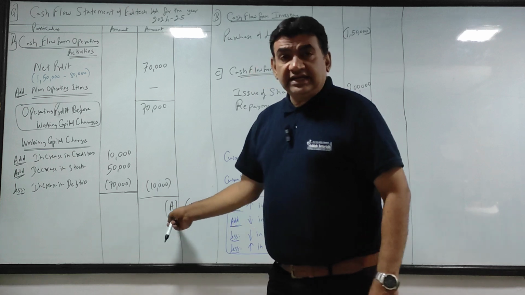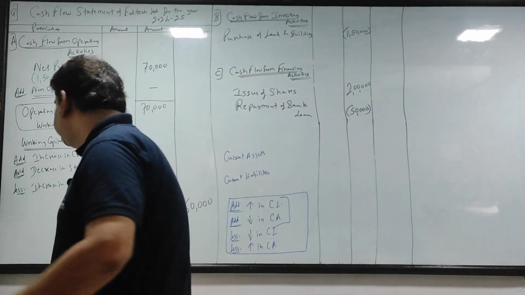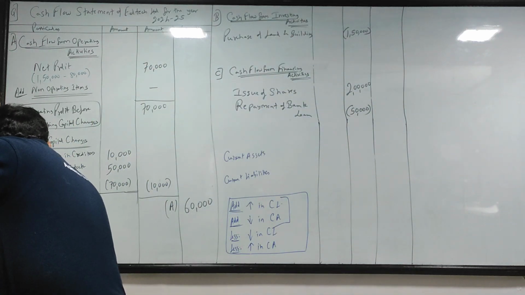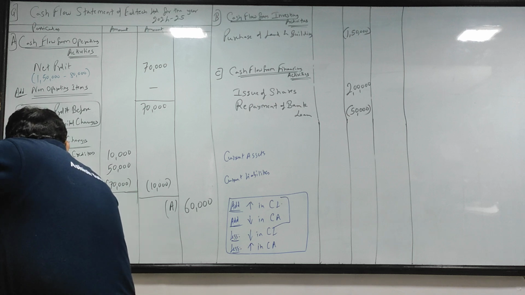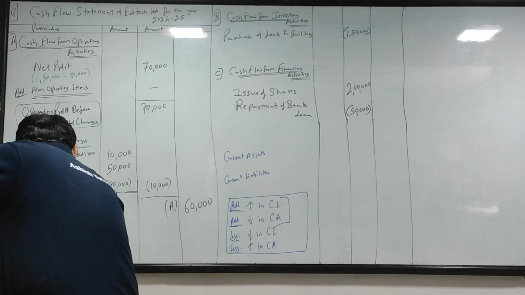So what you will write against this will be, see what I am writing up. Increase in cash from operating activities.